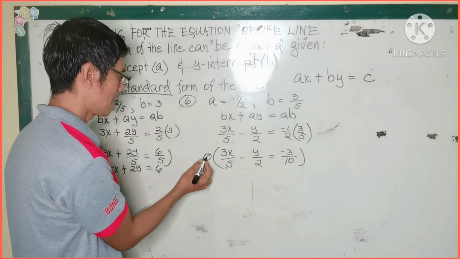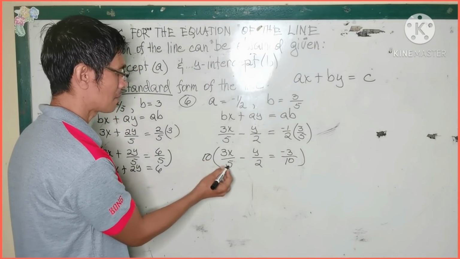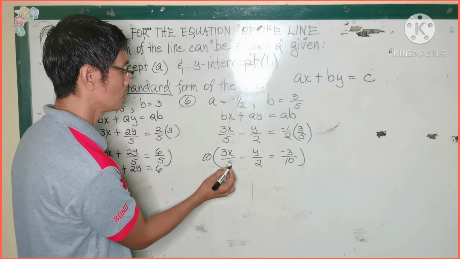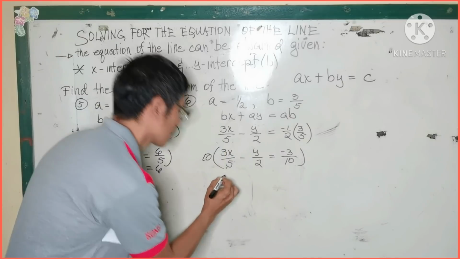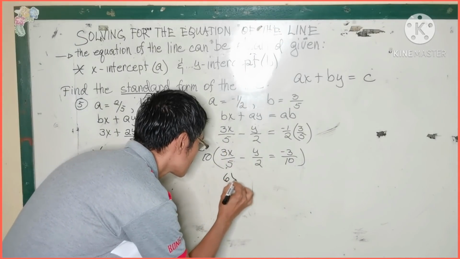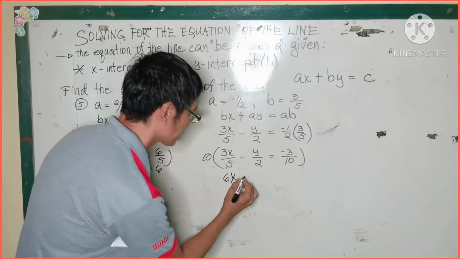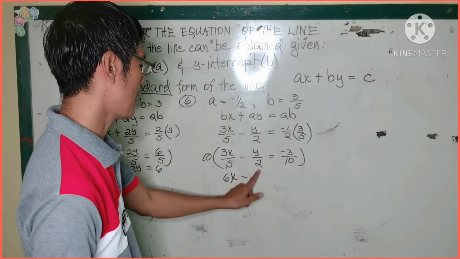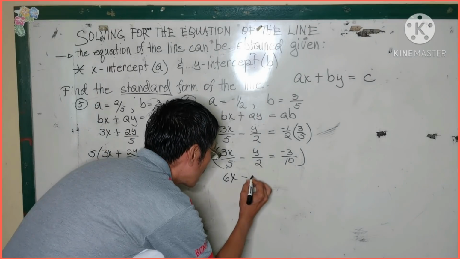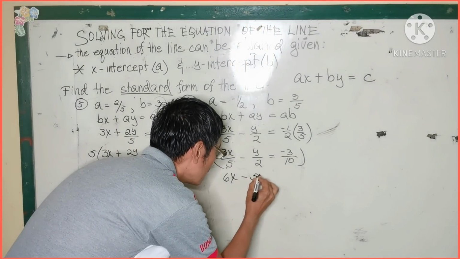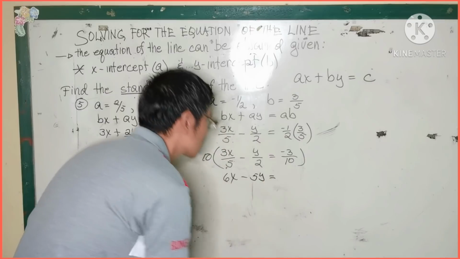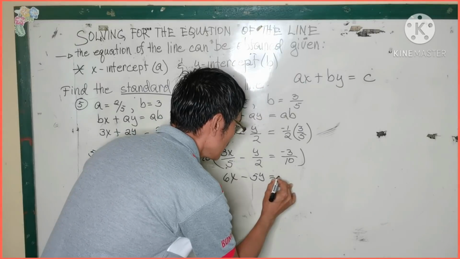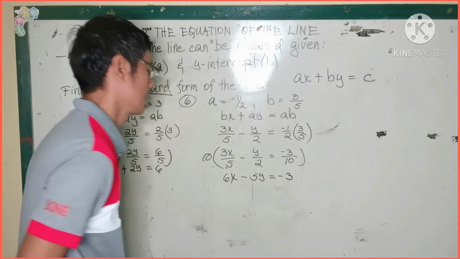It is easier, or better, to divide first. 10 divided by 5 is 2. 2 times 3x will have 6x, minus 10 divided by 2 is 5. 5 times y will have 5y, equals 10 divided by 10, that's 1. 1 times negative 3 is negative 3.